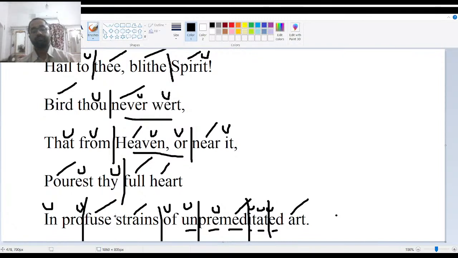Okay. So this line, the whole of it, can be considered a variation in this passage.